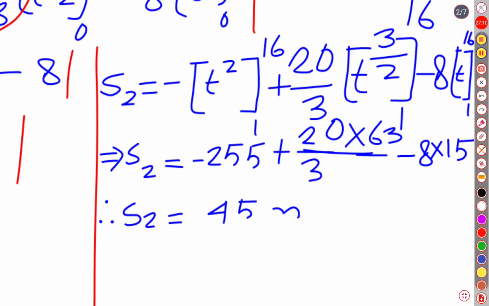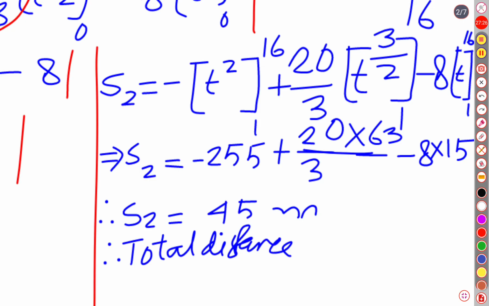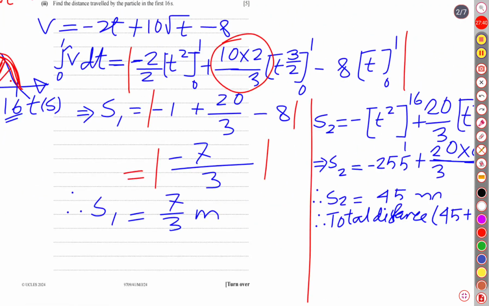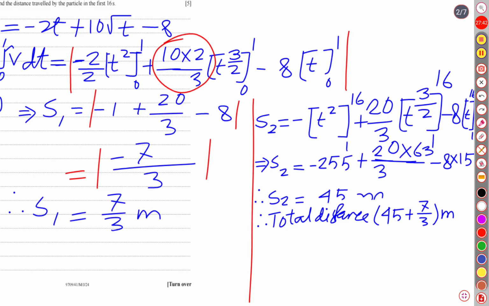So in the first phase, we can see, the distance traveled was 7 over 3 meter. Hence the total distance: in the second phase it is 45 meter, in the first phase it was 7 over 3 meter. Let me show you.